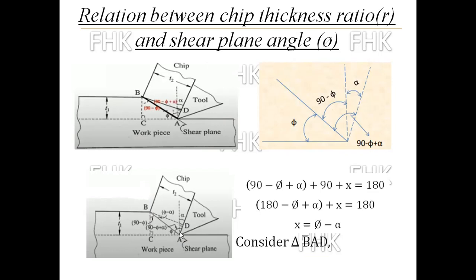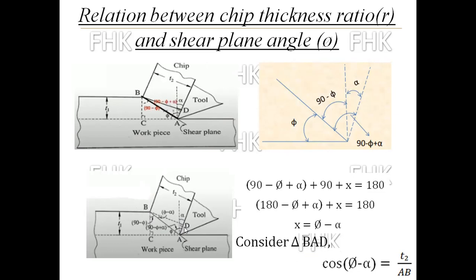Okay, in triangle ABD, cos(φ − α). This is a right angle triangle, so AB becomes the hypotenuse and BD becomes the adjacent side. So cos(φ − α) is equal to adjacent side BD divided by hypotenuse AB.